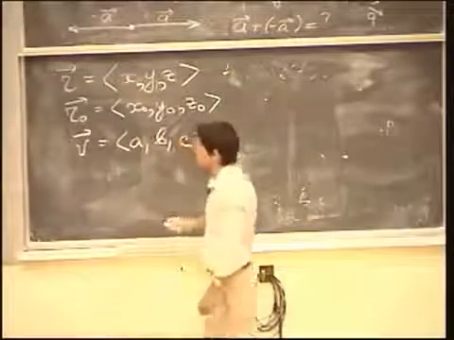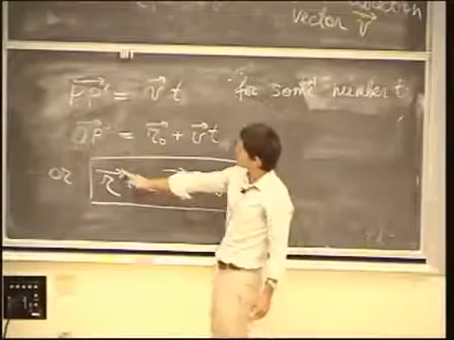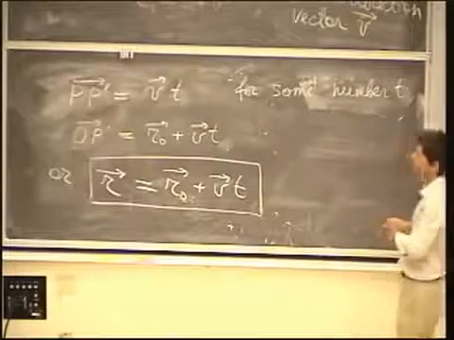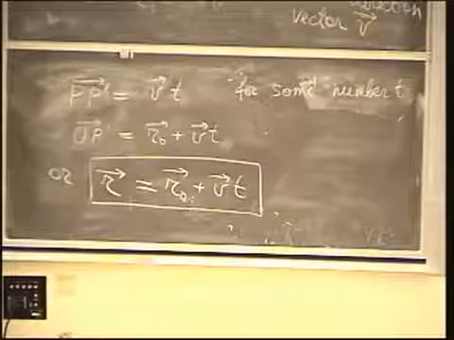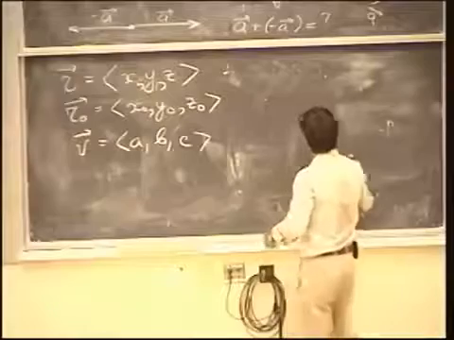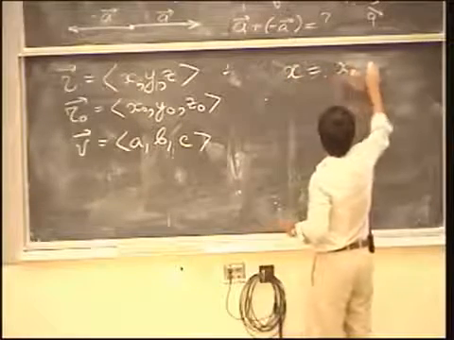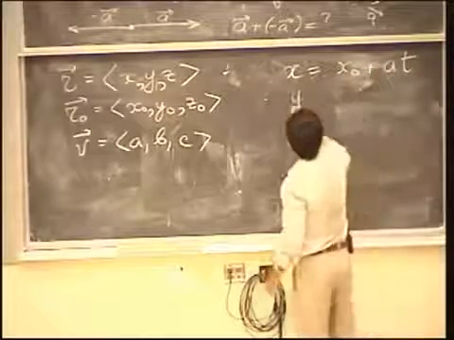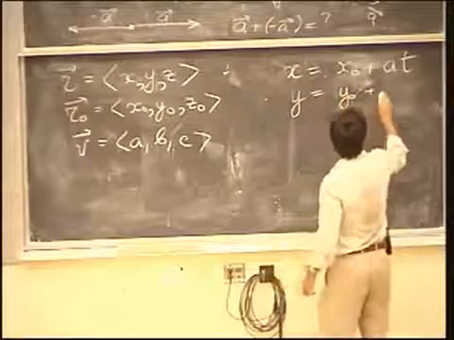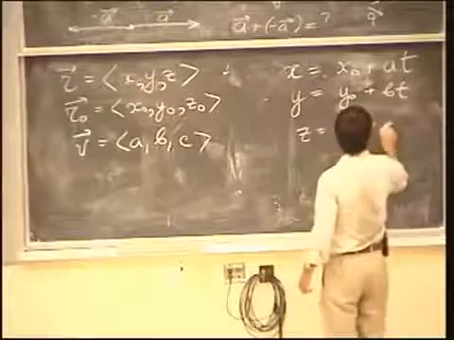These are three vectors. So now we just write this formula out in components. So we get the following. For the first one, we get x is equal to x0 plus at. For the second one, we get this. For the third one, we get this.